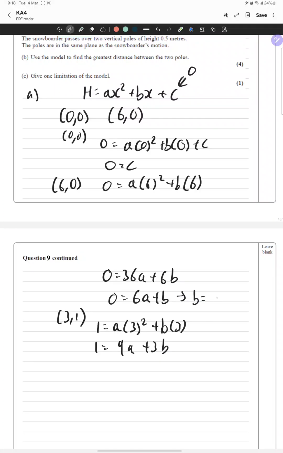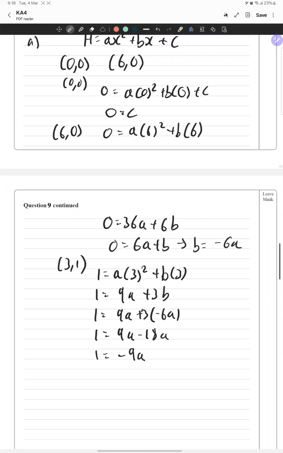The easiest way, I think, is if we rearrange this so b is minus 6a. 1 is 9a plus 3 times minus 6a. 1 is 9a take 18a. 1 is minus 9a. a is minus 1 over 9.